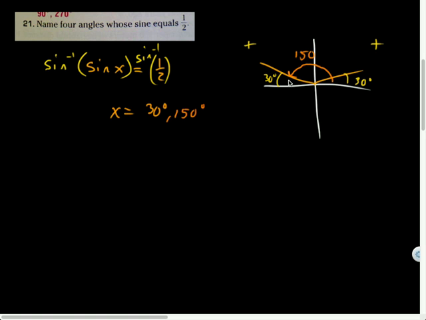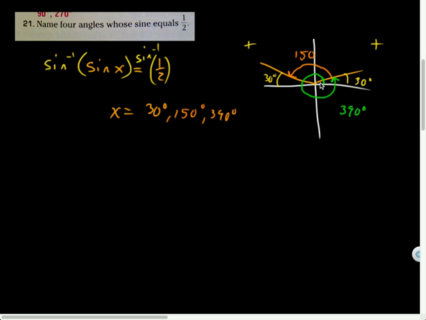And now if I wanted to find additional angles, would it work down here? Or down here? Yes. No. Sine would equal negative 1/2 in those quadrants, not positive 1/2. So I can, however, find some coterminal angles. What if I add 360 degrees to this one? So that green angle would be 390 degrees. Does that make sense? And then let's find a coterminal angle with 150.